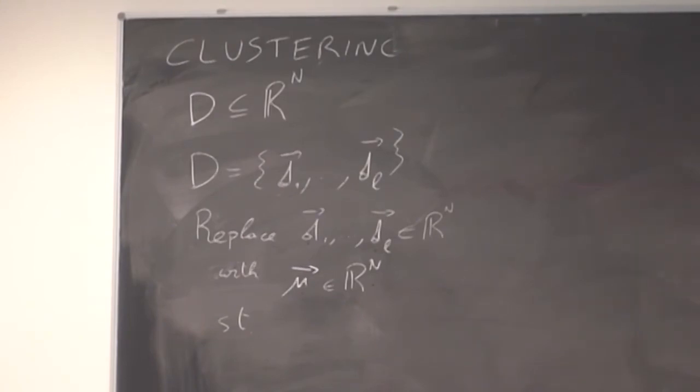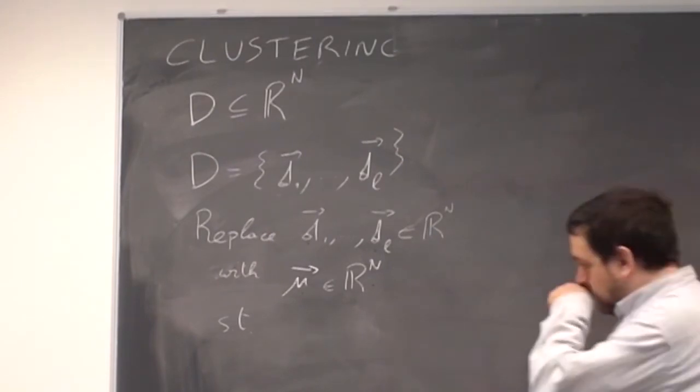Well, in a sense, if I replace document d1 with vector mu, I'm introducing an error in my document representation, which can be measured as the distance between mu and d1.